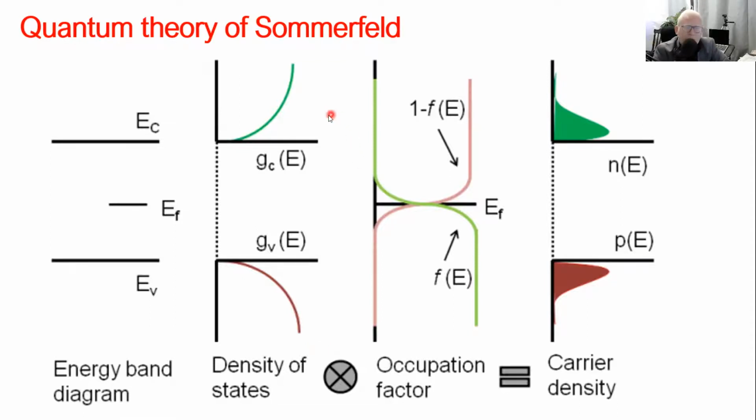So again, to calculate electrons, you multiply Gc of E, which is the density of states in the conduction band, where C stands for conduction, by this green curve, and you get this result. And to get the red, the number of holes, you multiply the red curve, Gv of E, where V stands for valency, by 1 minus F of E. Because if the probability to find electrons is F of E, then the probability to find holes is 1 minus F of E. And then you have this red region, which indicates the holes.